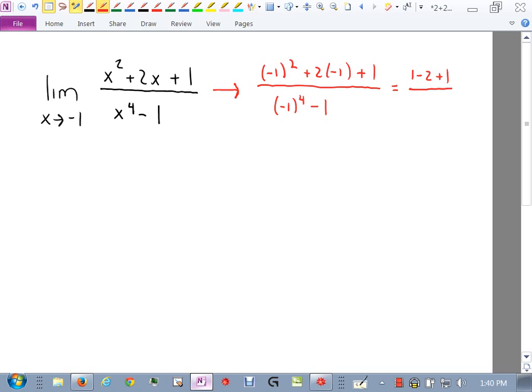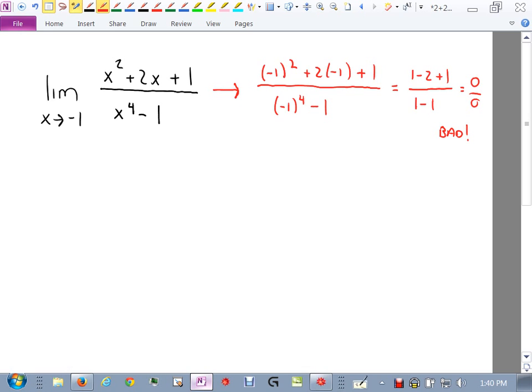That's 0. Is having 0 on top enough for us to say, okay, we've got to do something? No, because you could get 0 over 4. That's okay, 0 divided by 4 is 0. You just can't have 4 over 0. That would be a problem. So far, I'm not quite sure. 0 on top. On the bottom, well, yeah, that is 1 minus 1, isn't it? So 0 over 0 is a bad situation.